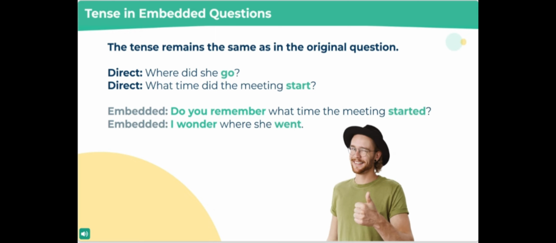Embedded: do you remember what time the meeting started? The second example: I wonder where she went. This is the embedded version of where did she go? In the embedded, we use the verb in the past simple.